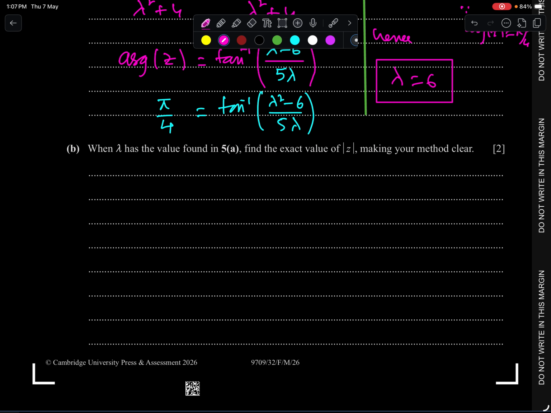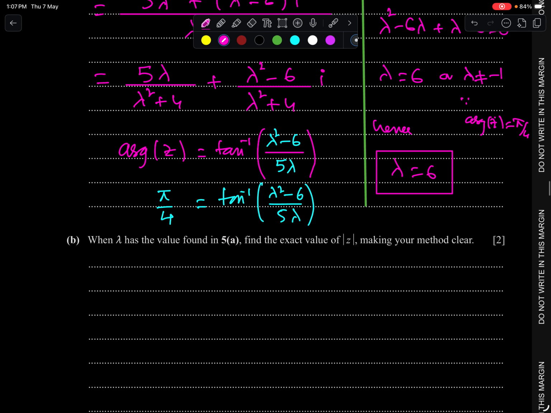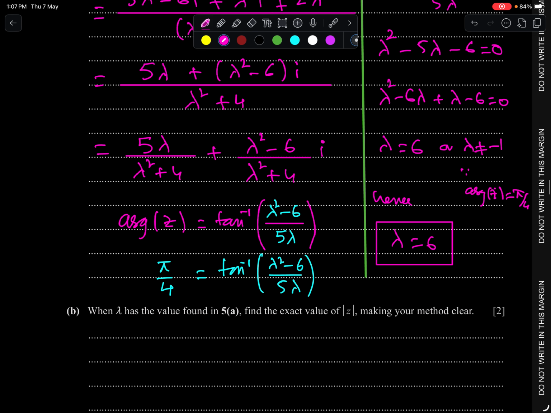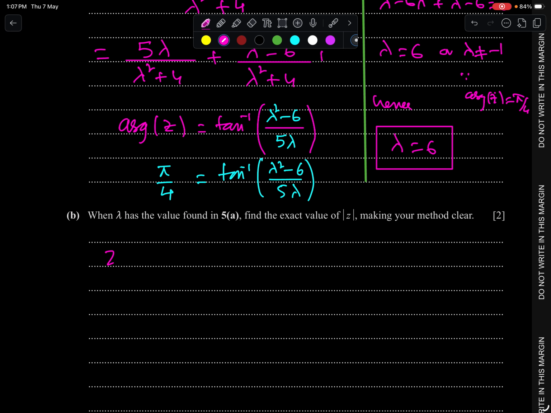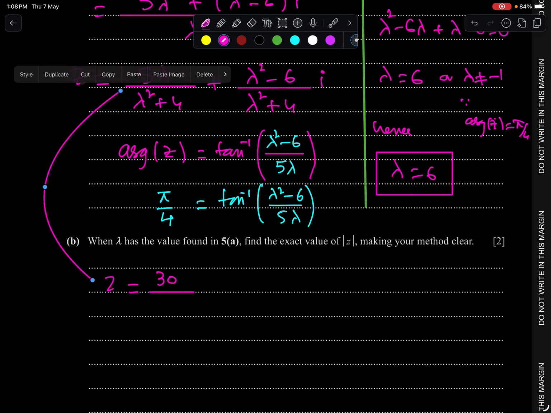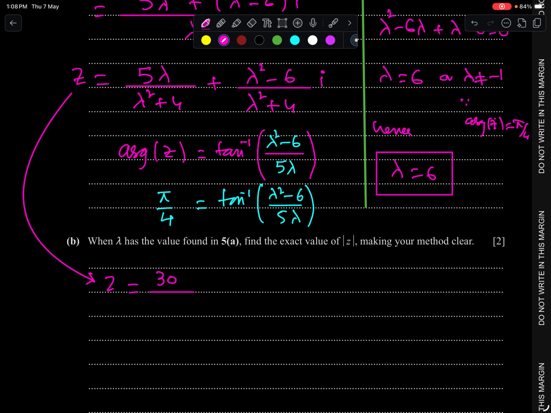When lambda has this value 6, find the exact value of the modulus. Now substitute lambda 6 over here. Therefore the complex number z is 6 fives are 30, plus 30i, over lambda square, 36 plus 4, which is 40.